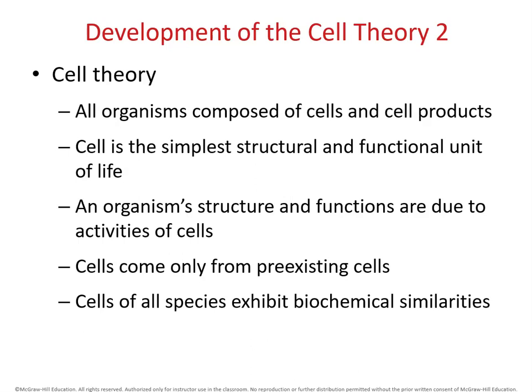All cells come from an earlier cell. All cells are descended from cells. And within a species, all the cells have some biochemical similarities. Even if cells from tissue to tissue or organ to organ are highly specialized, the biochemical processes that those cells do will be similar.